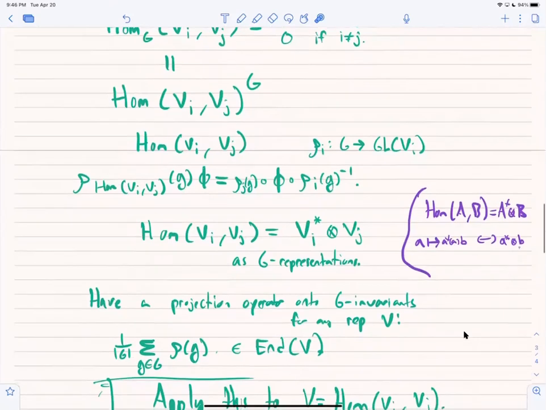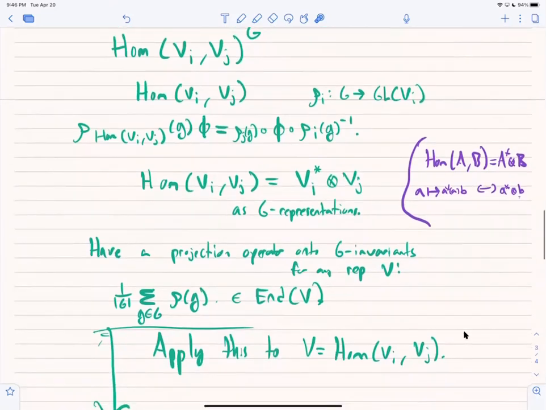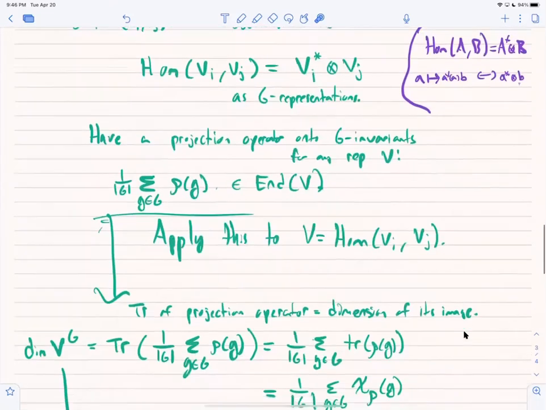Moreover, we could write this representation in two different ways. We could write it as the homomorphisms, but we could also write it as the tensor product. Writing it as the tensor product let us compute the character in terms of the characters of Vi and the characters of Vj. And writing it as homomorphisms let us relate to this result here.